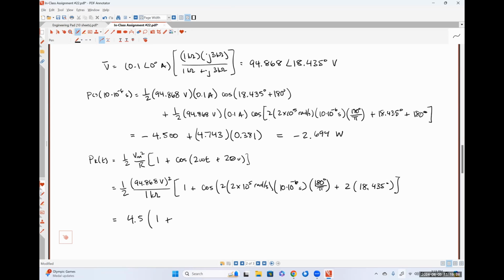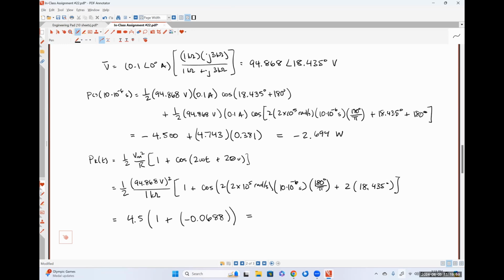So 4 times 10 to the 5 times 10 times 10 to the minus 6 times 180 over pi plus 2 times 18.435, negative 0.0688 and some change.